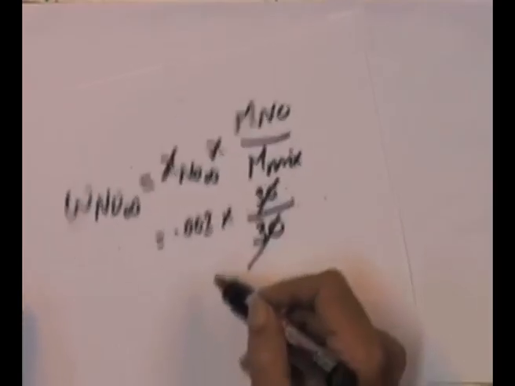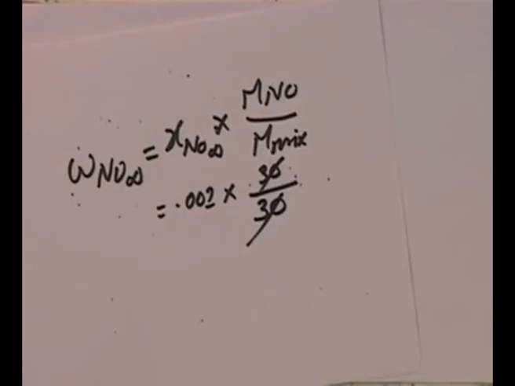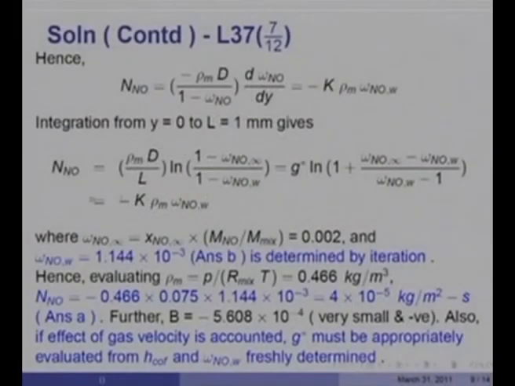So, this gets cancelled, and in other words the mass fraction is same as the mole fraction. So, 0.002, and omega NO at W will be, if we equate this and this, then by iteration you can determine 1.44 into 10 raised to minus 3, which is in fact very small, and therefore 1 plus B will actually be equal to B itself, in which case no iterations are required.